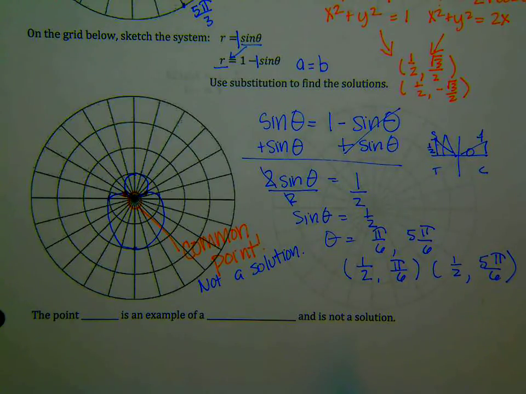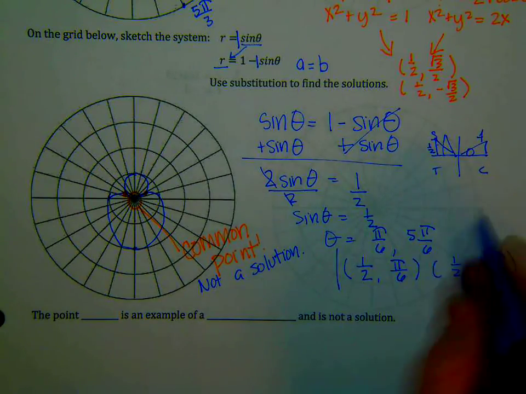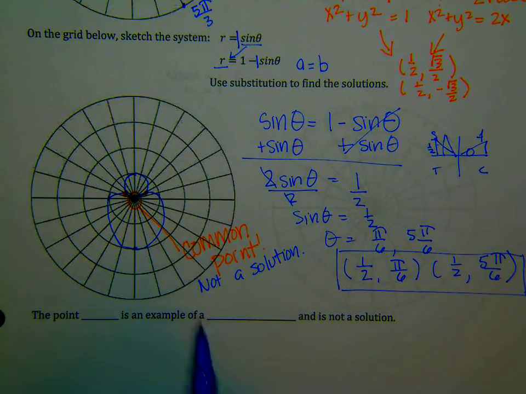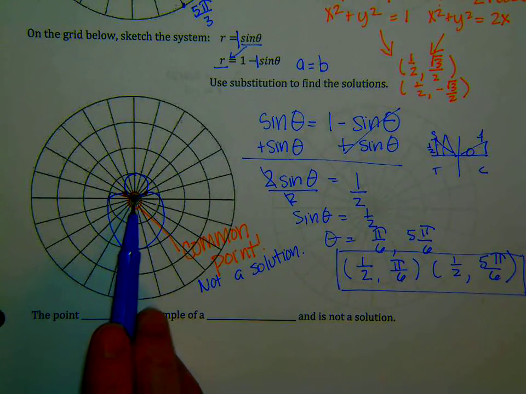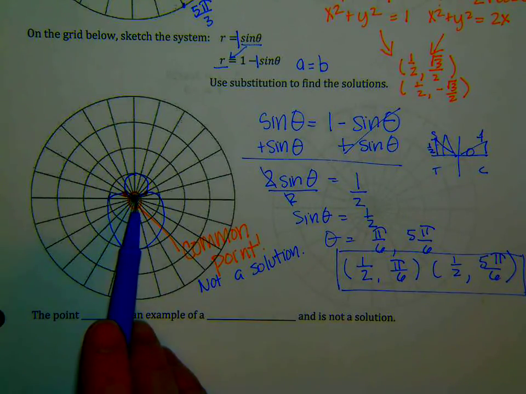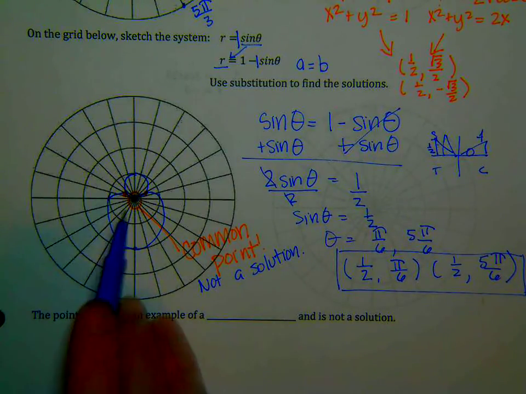I found my algebraic solutions, and now I need to account for this 0, 0 solution. This 0, 0 solution exists on the graph when I graph it.